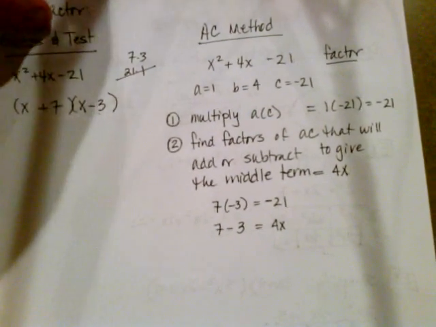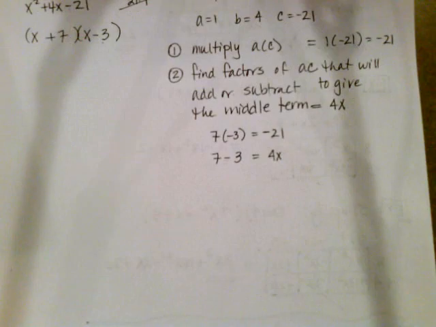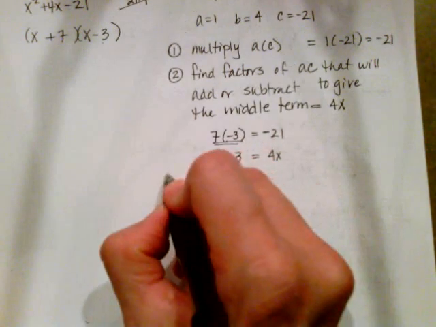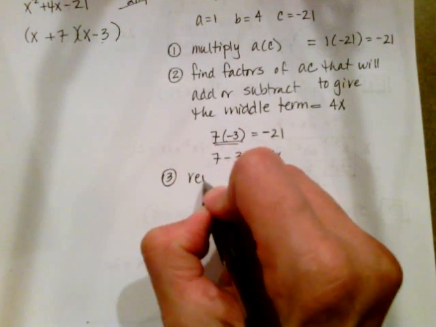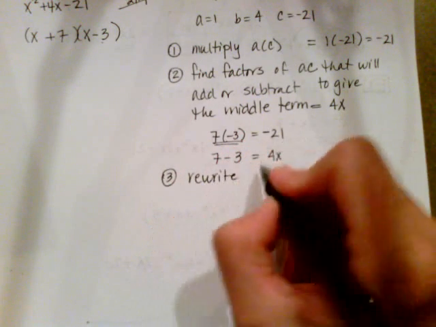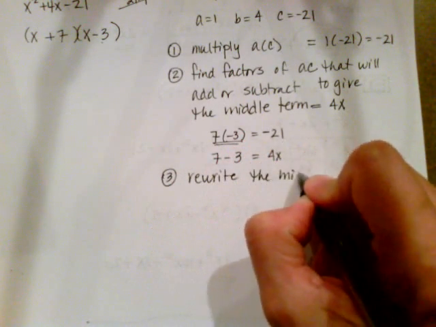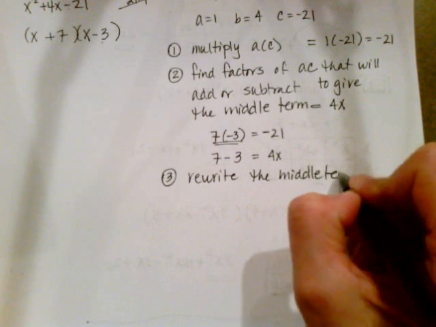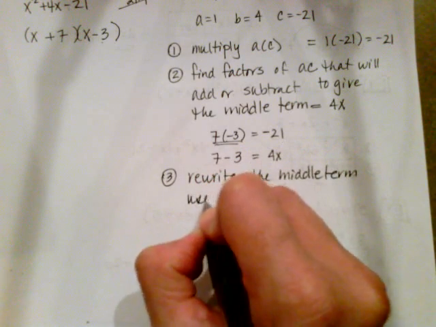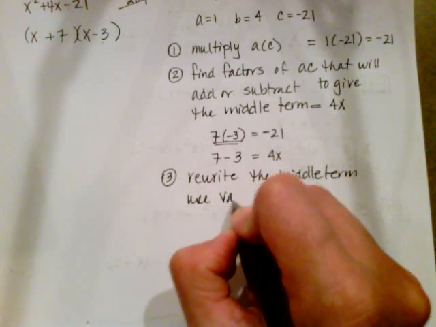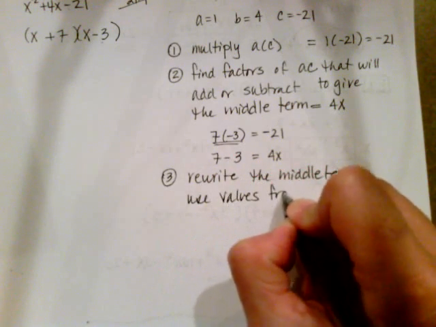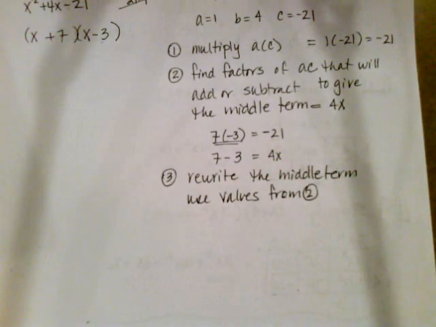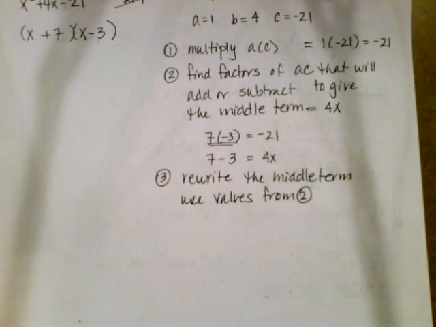Okay? So now that I've found the factors that I'm going to use, I'm going to do those two. The next step is to rewrite the middle term, and we're going to use the values from number 2. Okay, and I'll put a circle so you know I'm talking about step number 2.